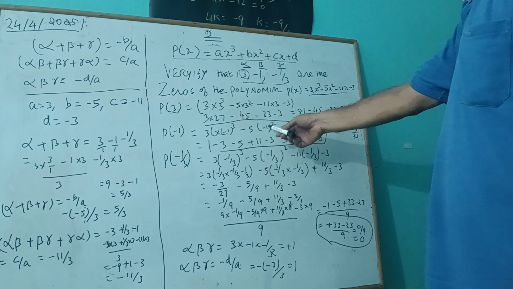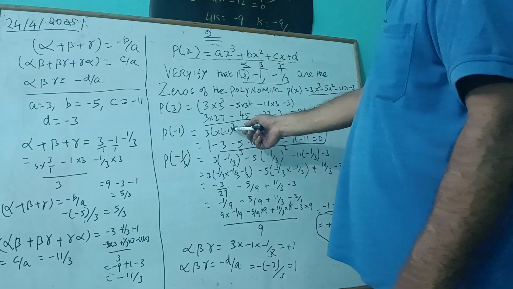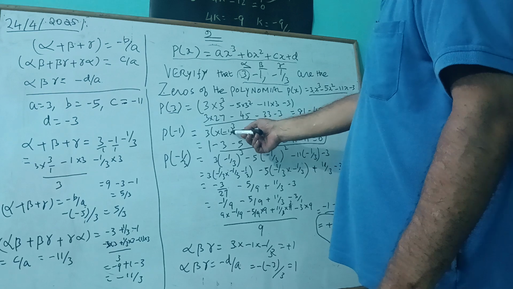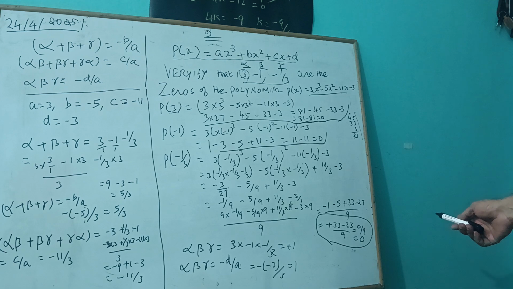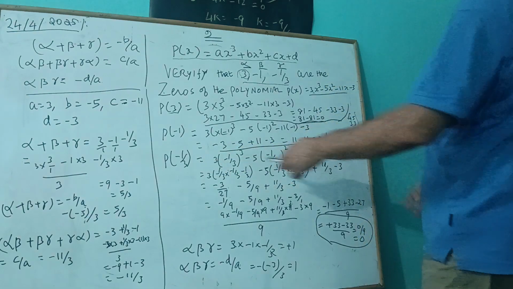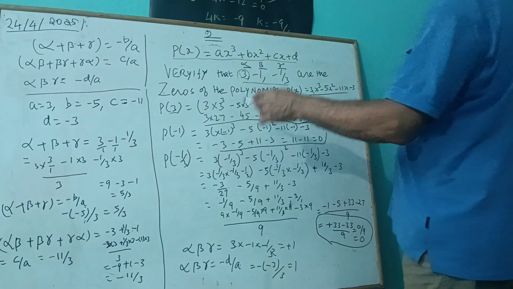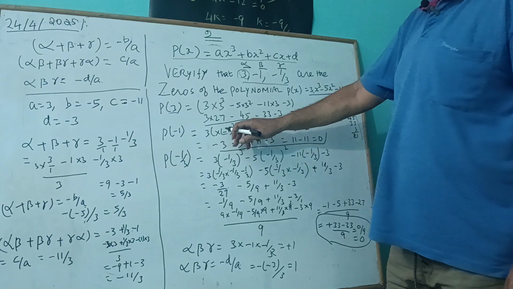Minus 1 into minus 1 into minus 1 is minus 1, because 3 times you are multiplying with minus 1.